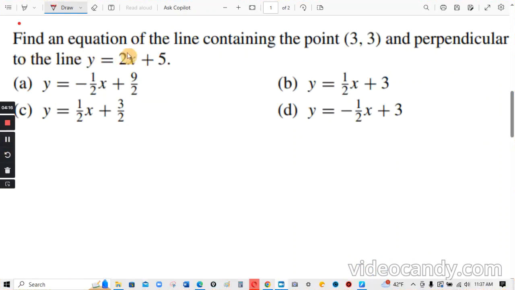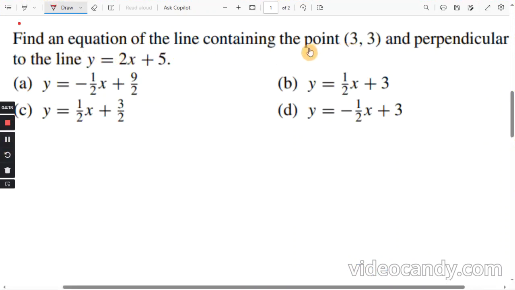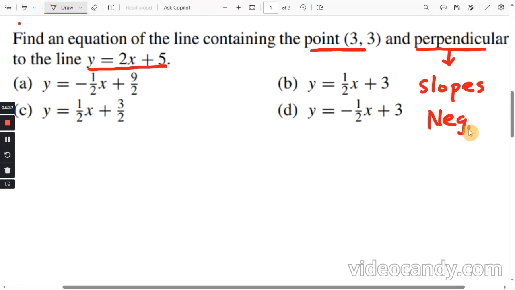Number 6, find an equation of the line containing the point 3, 3 and perpendicular to the line y equals 2x plus 5. All right, you want to remember for perpendicular lines, the slopes are negative reciprocals of each other.